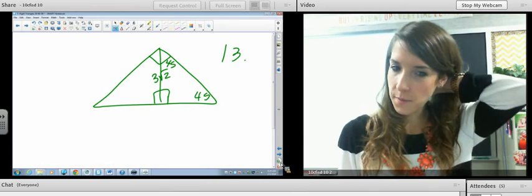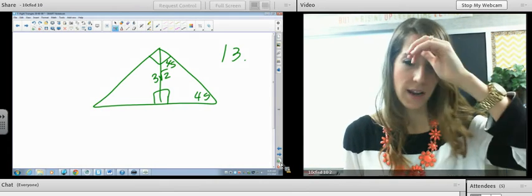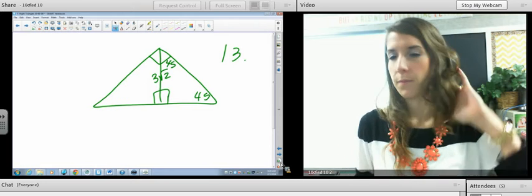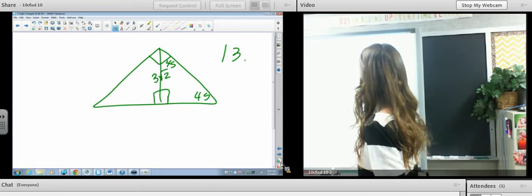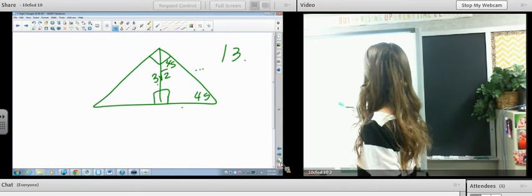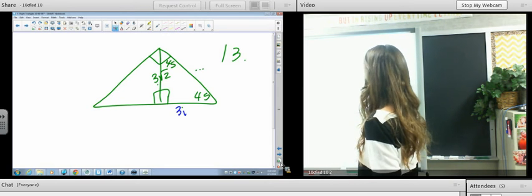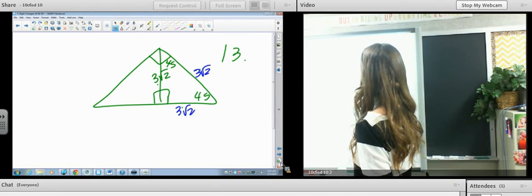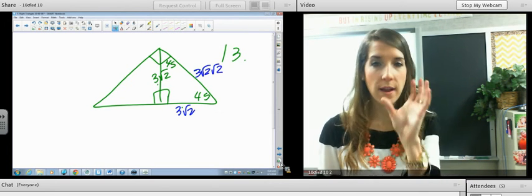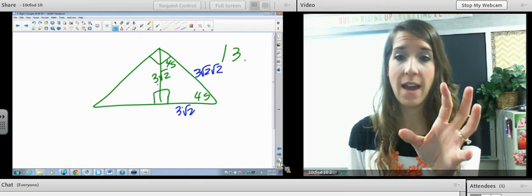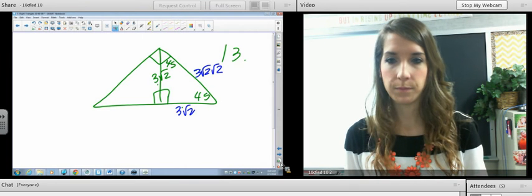But when it's not across from the 90, it's no big deal. We don't sweat it. We just follow our pattern again. So it goes x root 2. But instead, it's going to be 3 root 2, 3 root 2, 3 root 2, root 2. You take whatever x is, you take what's across from 45, and you multiply it by root 2.